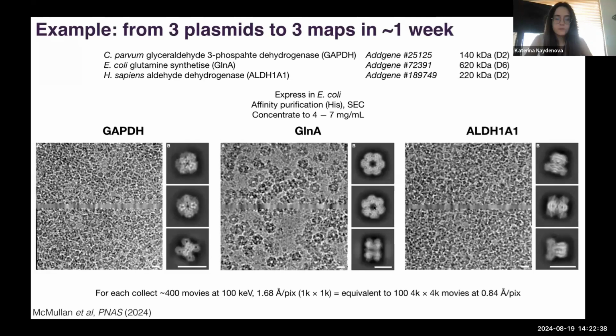By the way, 400 movies does sound like a lot, but because the detector only has 1000 by 1000 pixels, which is 1/16 of the area a commercial 300 keV detector would have, this is equivalent to way fewer movies than you would acquire with normal settings on a 300 keV microscope and larger detector.